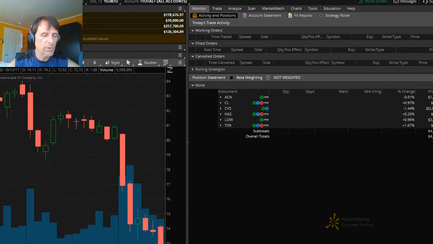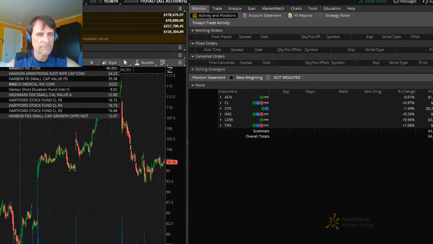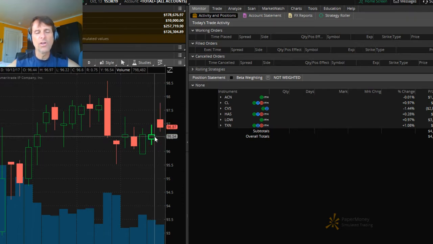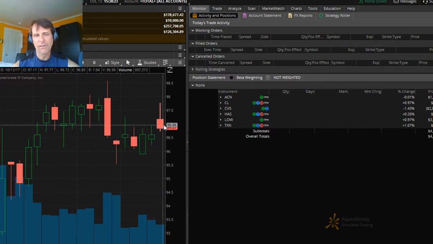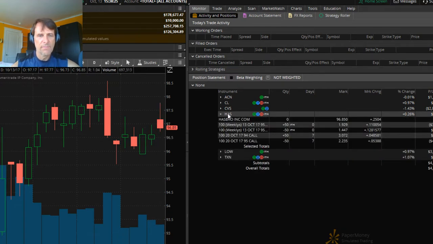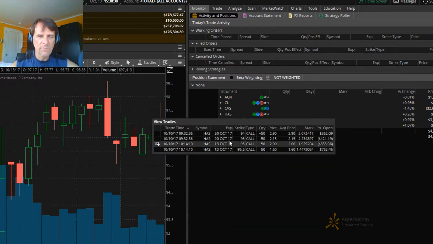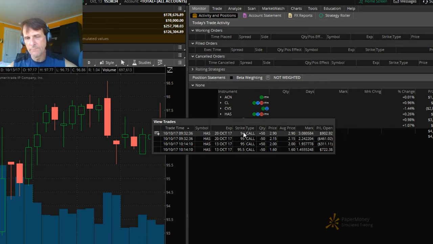All right, Hasbro, HAS. Hasbro had, I don't know if you can call that a down day because it's higher than it closed yesterday. We have two spreads.